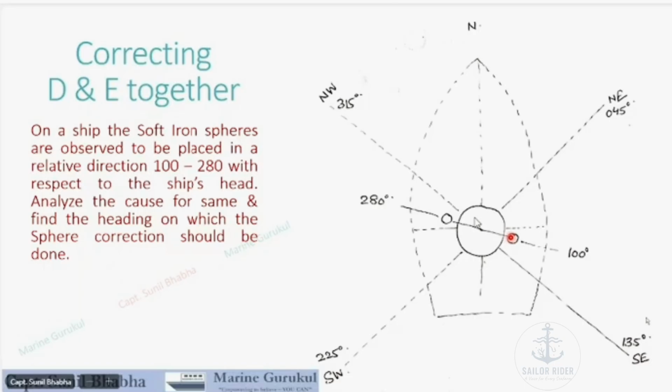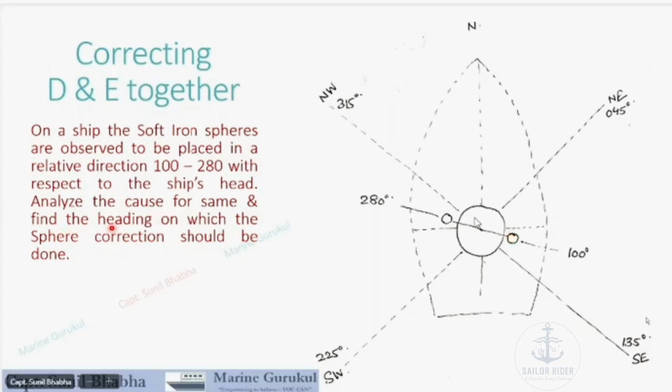Because we are aware, when delta and eco are of the same sign, the spheres are slewed clockwise. If delta and eco are of the opposite signs, the spheres are slewed anti-clockwise. So that is the second inference which we get. First inference, this ship has coefficient delta as well as eco. Second inference, coefficient delta and coefficient eco are having the same sign.